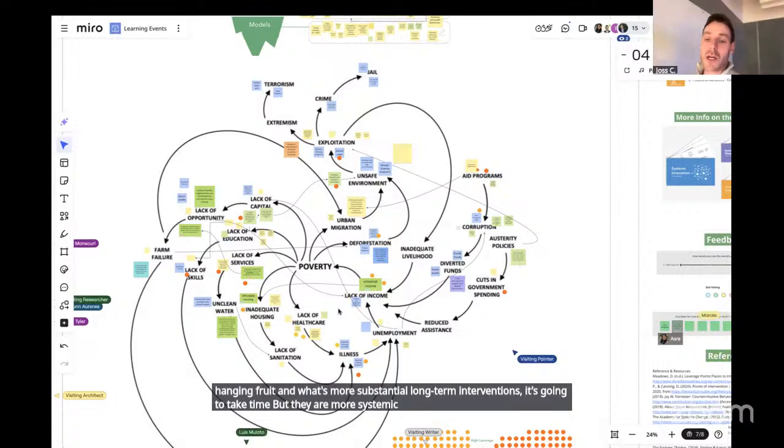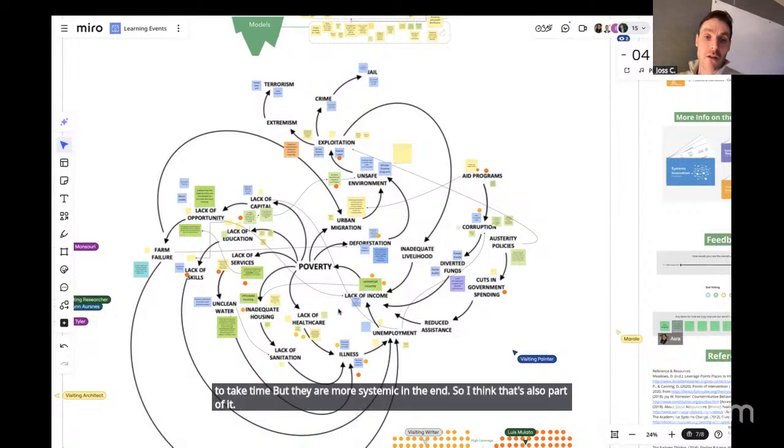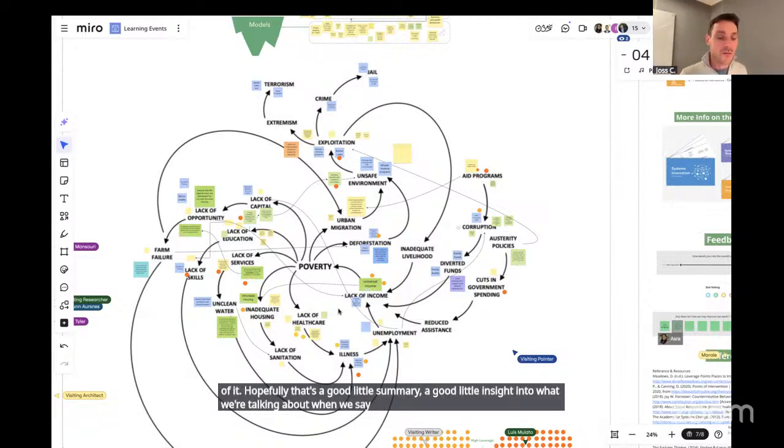So I think that's also part of it. Hopefully that's a good little summary, a good little insight into what we're talking about when we say leverage points, places to intervene in a complex system, and we'll draw to a close.